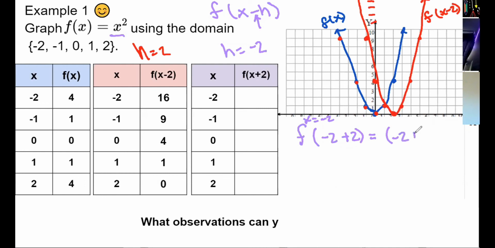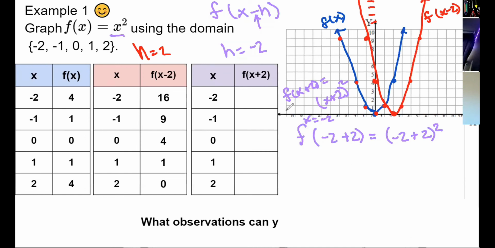So negative 2 plus 2 squared. So our function is now, let me write it up here so you guys can see it. F of x plus 2 equals x plus 2 squared. So that's our new function that we have for this particular example.